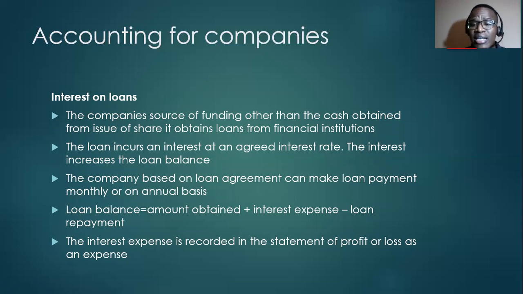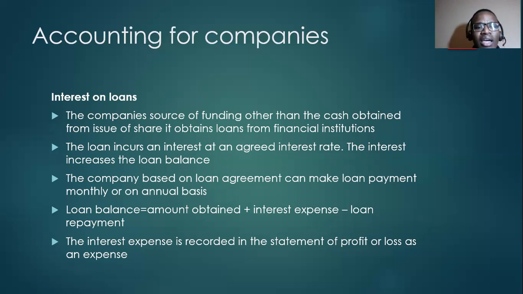Your financial institutions can be your banks and your bonds market, but these are just complex. For the purpose of this syllabus, you just know there's a financial institution that the company can obtain loans from, right?